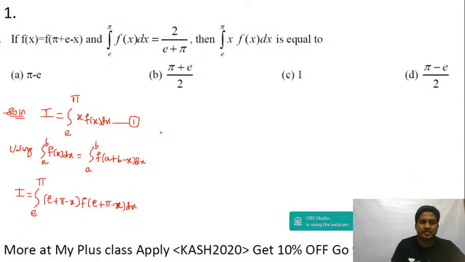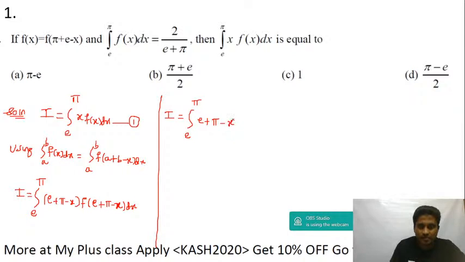Now if you simplify, f of e plus pi minus x is already given to be equal to f of x.